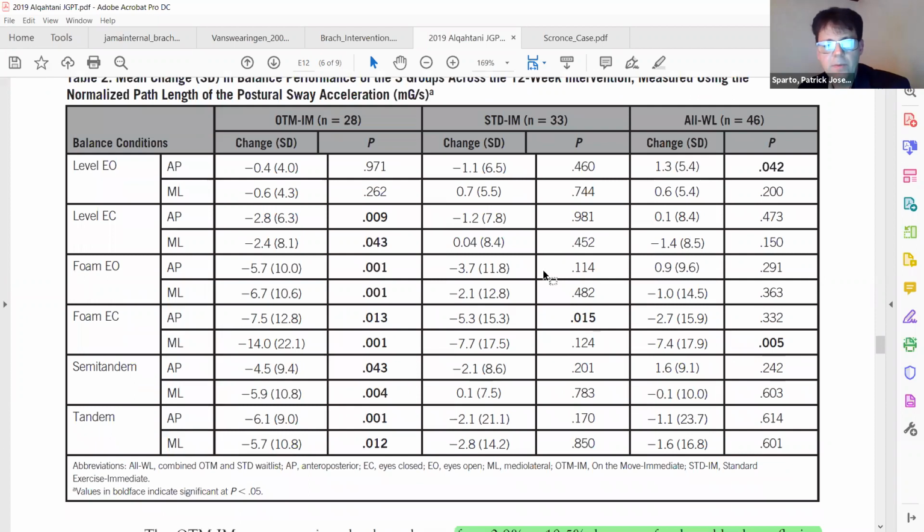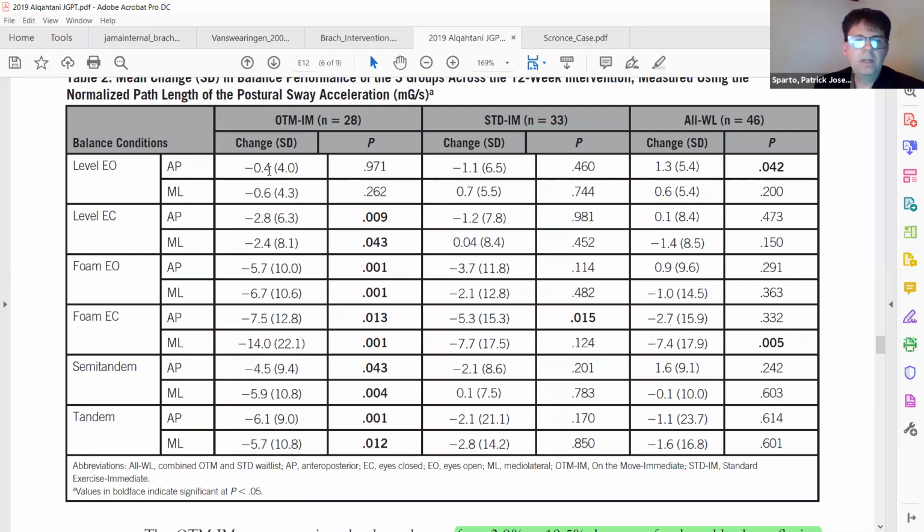The next thing to talk about is the results of the balance test. If we first look in this first column here, in the On the Move group, what we're looking at is the change in body sway measures from the baseline test to the post test at week 12.